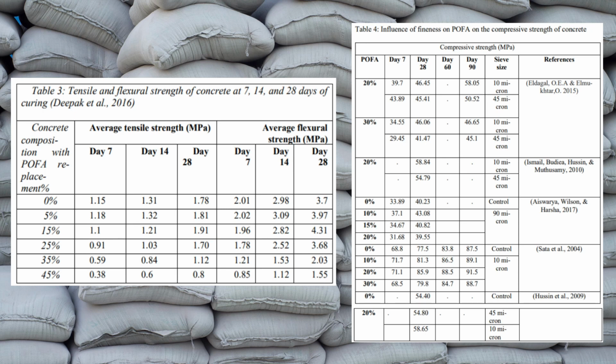Then for the 20% use of POFA, which is the highest, the compressive strength at day 7 is 71.1, on day 28 85.9, on day 60 88.5, on day 90 is 91.5, which is the highest we can get on day 7, 28, 60 and 90.